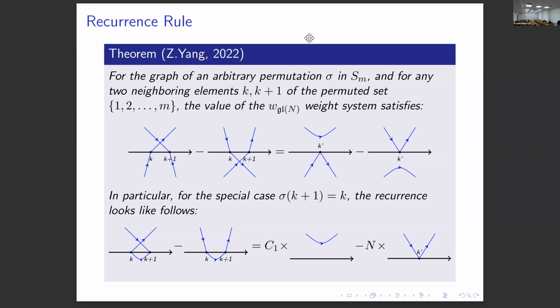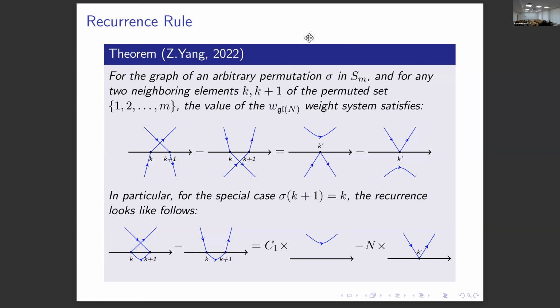We only switch the two places, the two vertices, and you get two new diagrams, which have the vertex k prime. Next, there's a special case if sigma of k plus 1 equals k, where you connect these two edges, and the difference is C1 times the permutation with the vertices k and k plus 1 removed, minus n times the one with k prime.